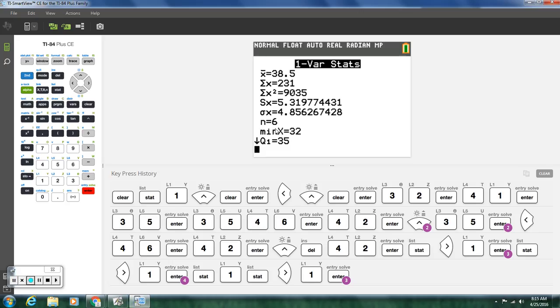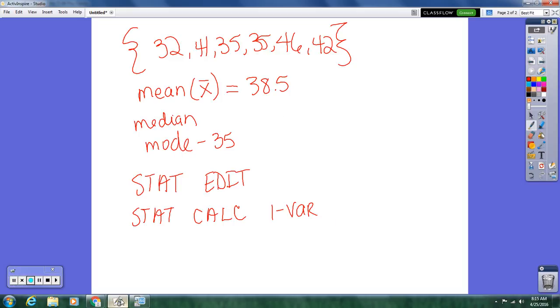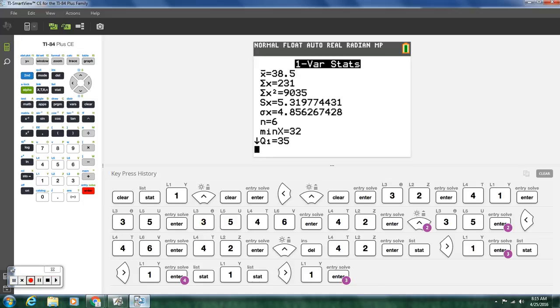Remember the box and whisker plots that they used to do? You actually had to do them when they started in like 7th grade. Remember the box and whisker plot? And you had, this was the minimum, and then you had the lower quartile. This was Q2, but this was also the median. That was Q3, and this was the maximum. They had all that. So that's where a lot of these numbers are coming from.